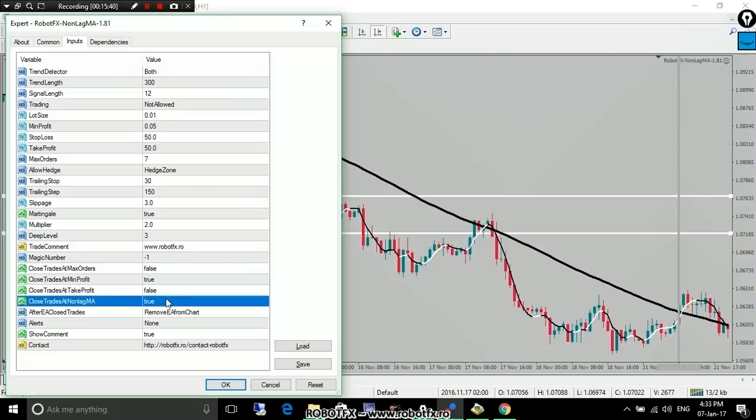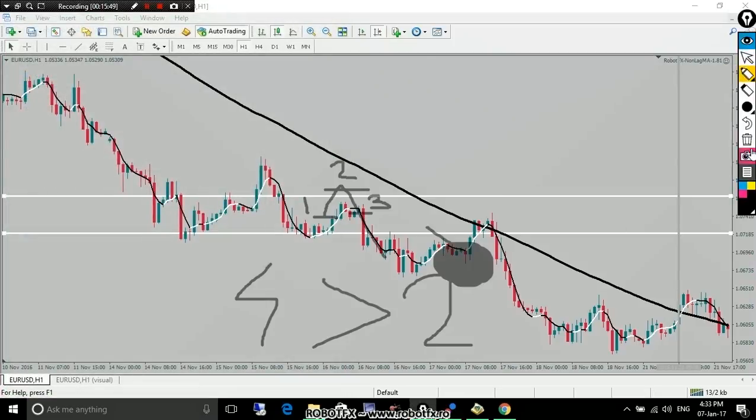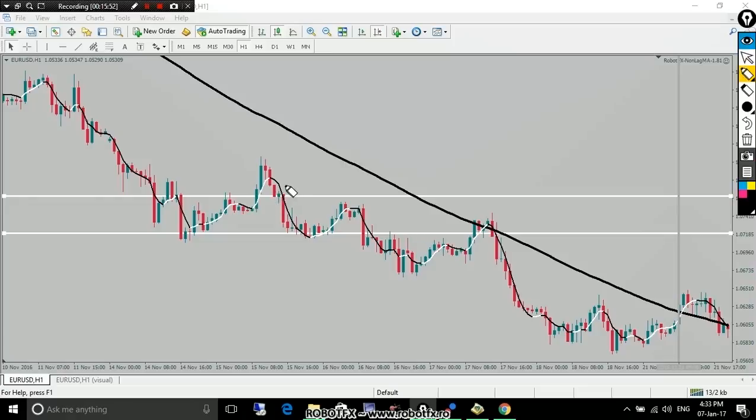However, and it must be said again, I've said it before, but I'll say it again. If you have only one trade open and you choose to set this option to true, close trades at non-lag moving average signal, it basically means that we expect this open trade, let's say this one, to open here, and you would like it to be closed when the non-lag moving average will change the color again from down black into white up.